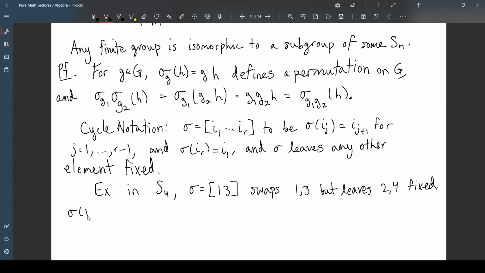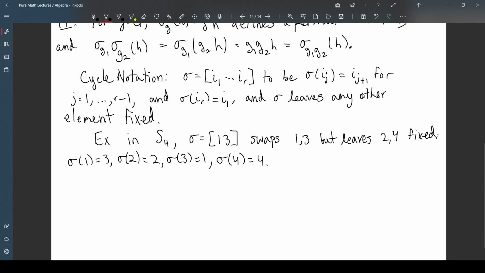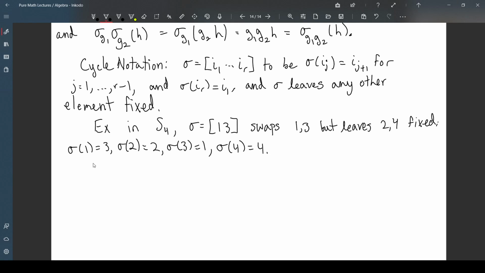Explicitly, we have sigma of 1 equals 3, sigma of 2 equals 2, sigma of 3 equals 1, and sigma of 4 equals 4. And we also have that the inverse of an element in cycle notation is given by just writing the cycle backwards.